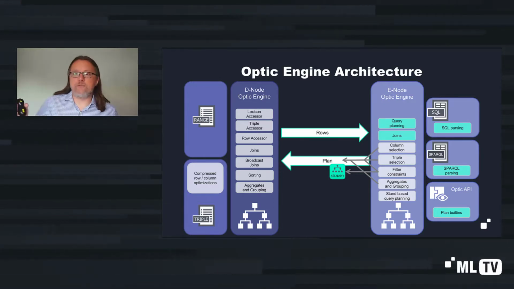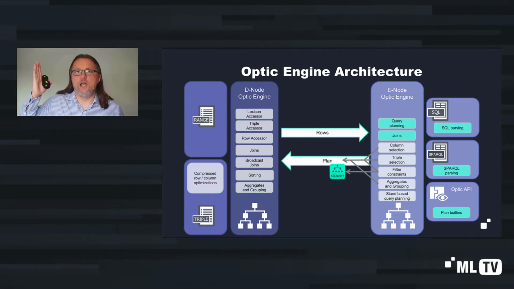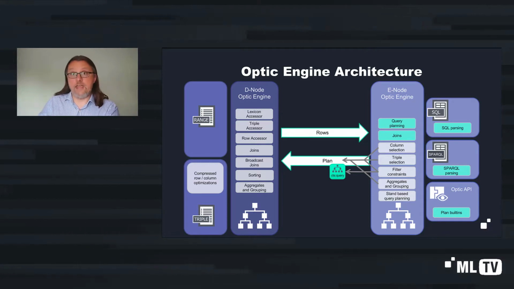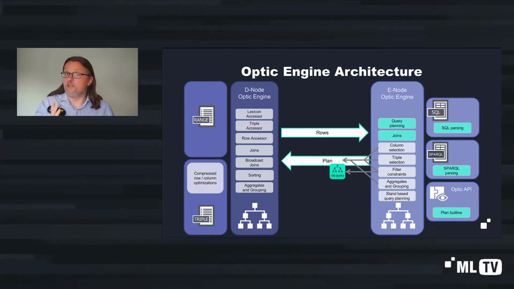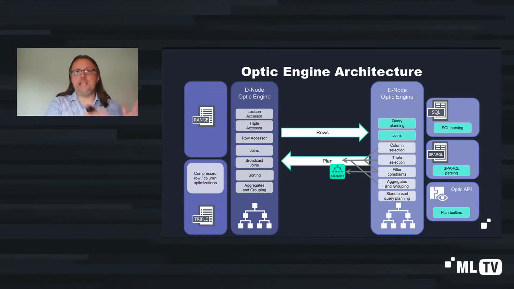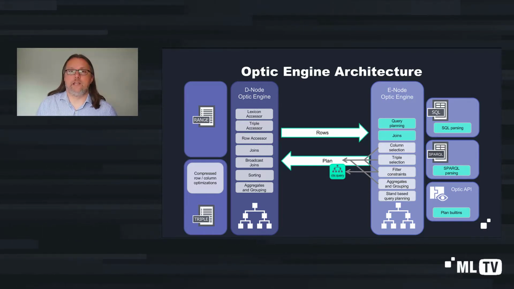Then moving left, you can see the execution engine that happens on the E node and the operations there, and then the network messages that transfer to the D node and result in parts of plans being executed on the D node, and also the indexes which are resident with the data on those D nodes.